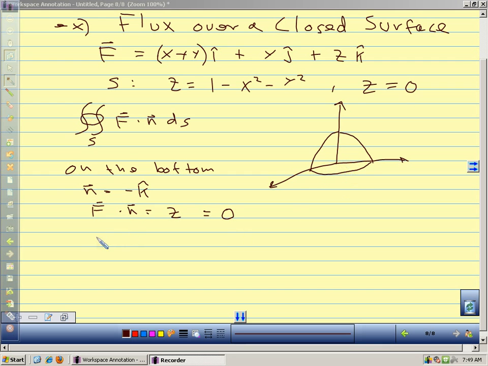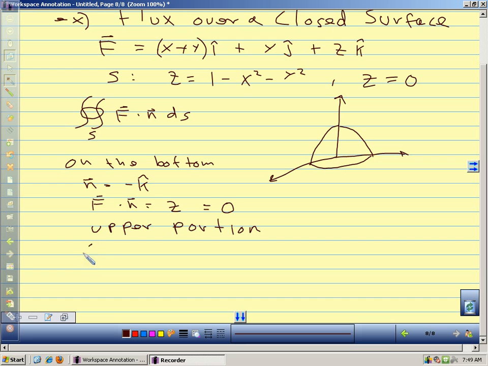All right, on the upper portion, I think we're just going to have time to get this one set up. On the upper portion, our capital G is z plus x squared plus y squared minus 1.